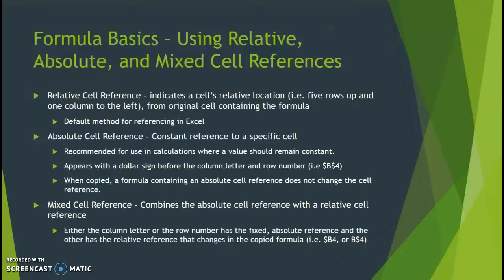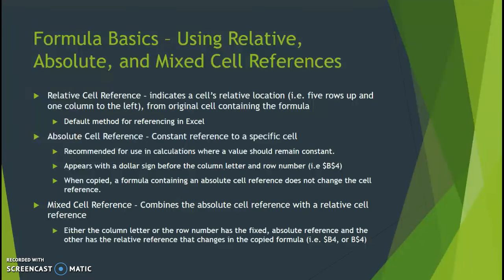These references appear with a $ before both the column letter and the row number. So for example, if you were to reference column B, row 4 in an absolute cell reference, you would see a $ before the letter B and the number 4.